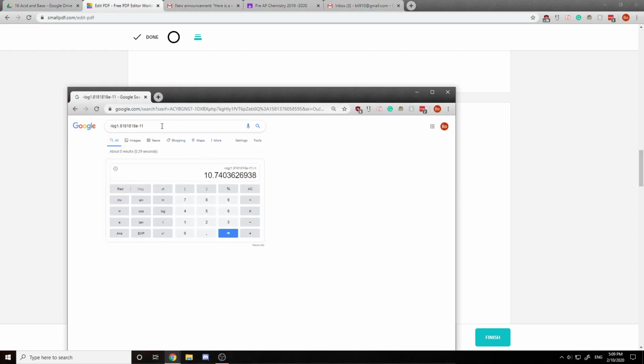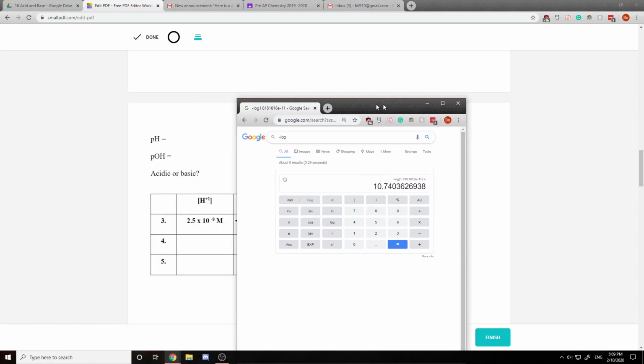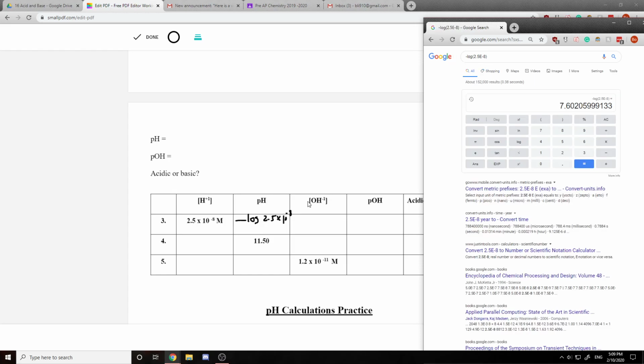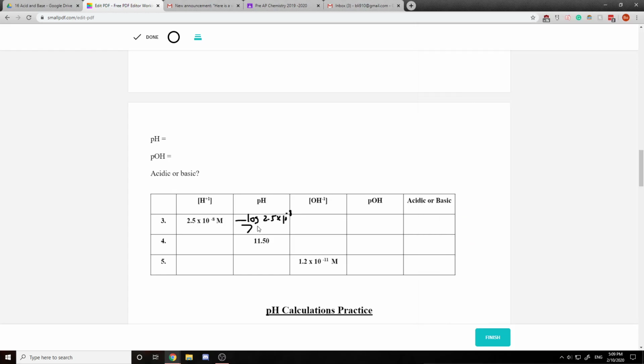So if you do negative log of 2.5 times 10 to the negative 8, you would get a pH. You gotta put that in parentheses because the computer is reading it weird. You would get 7.6. So this is a pH of 7.6.